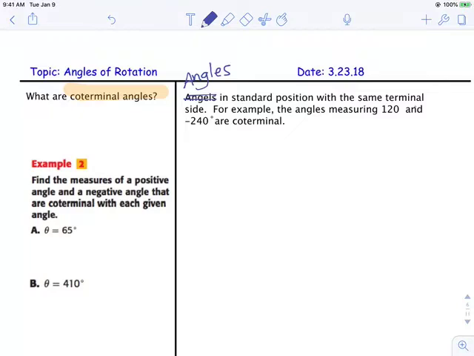For example, 120 and negative 240 are coterminal. So we'll see why. Maybe if you draw those for yourself, positive 120, and negative 240. You draw those for yourself and tell me why they are coterminal in your own words.